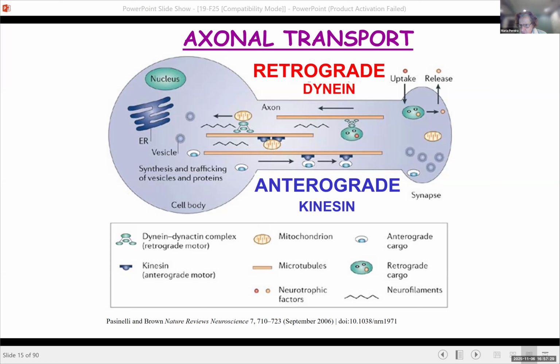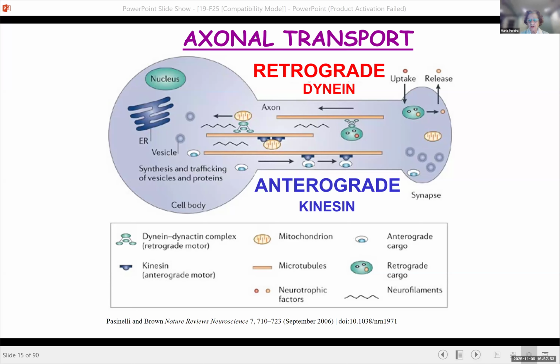In retrograde, is all cargo taken in through endocytosis? Yes. But there's some cargo that is here, like, let's say, for example, that's a good question, mitochondria that are here at the axon terminal, right? They're already there. They didn't come in through endocytosis.